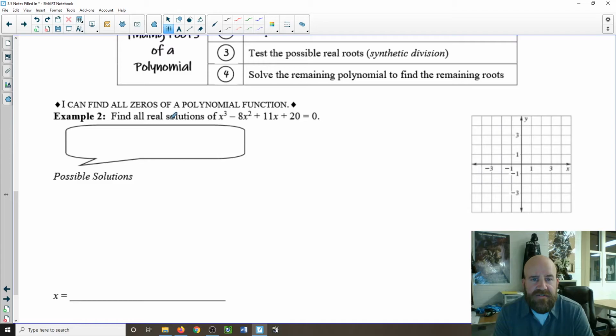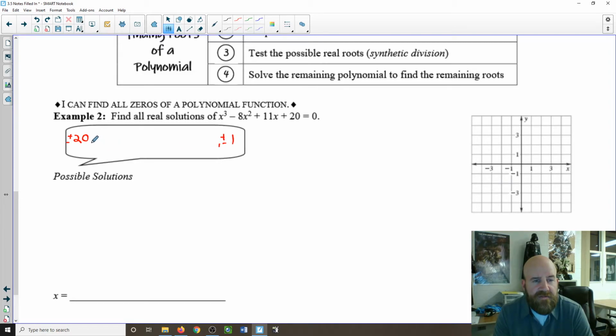So let's list out our possible solutions here. So we have leading coefficient factor 1. So that's going on the bottom, so that's good. And then 20. So factors of 20, we need to list all those out. So we have positive negative 20 and then positive negative 1.